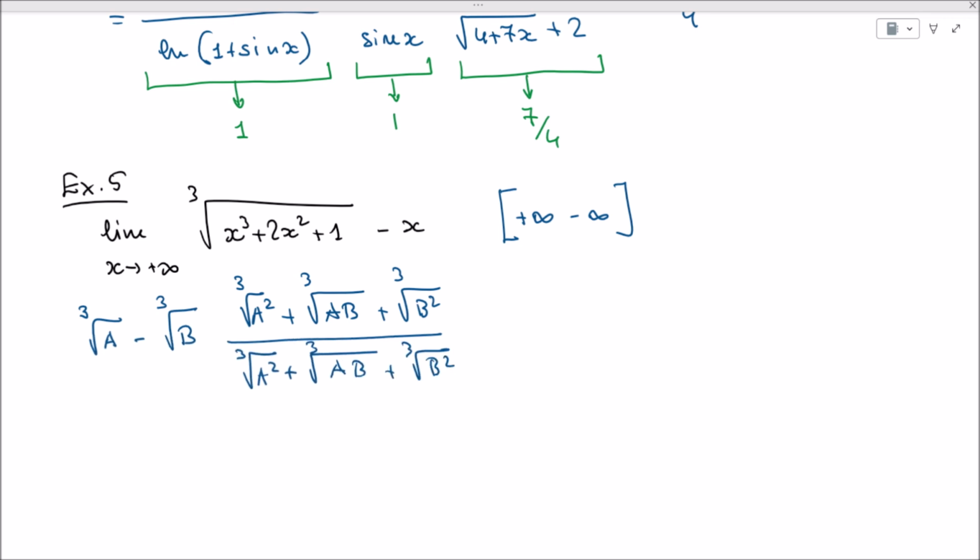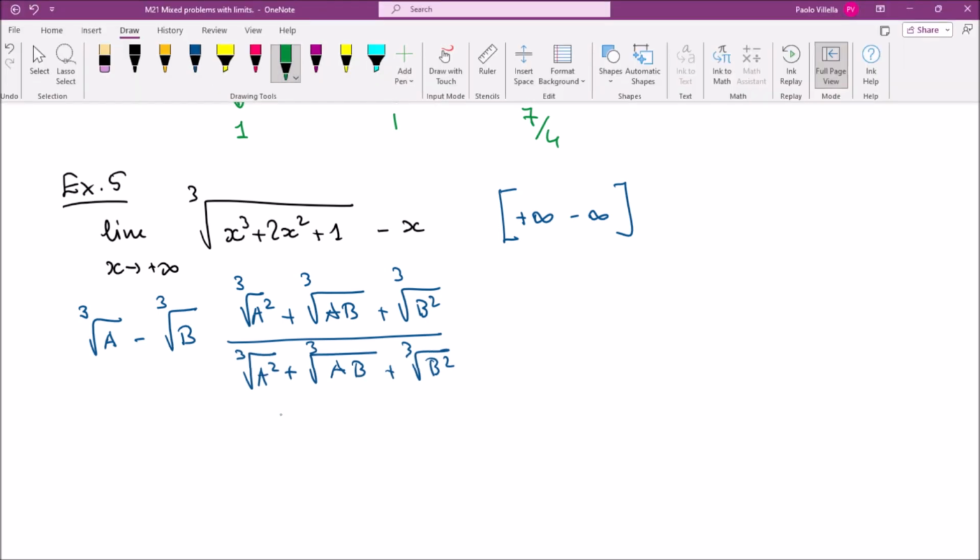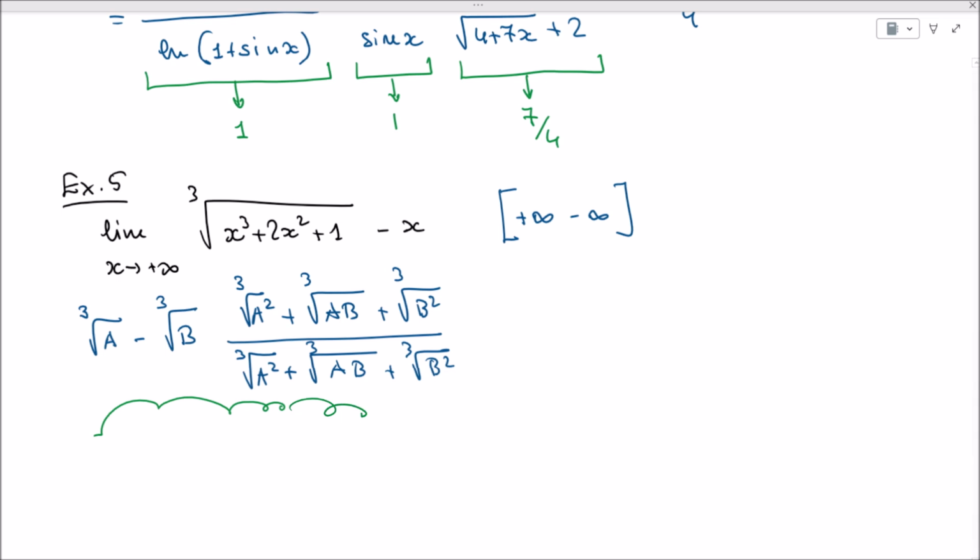Now, why is this working? Because remember, just a little reminder here, if we have the difference of two cubes, a cubed minus b cubed, we know, by elementary math, that this can be written as a squared plus ab plus b squared times a minus b.